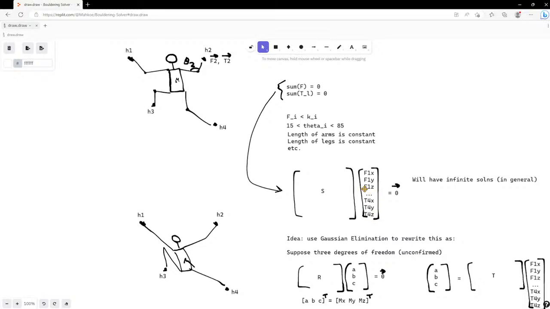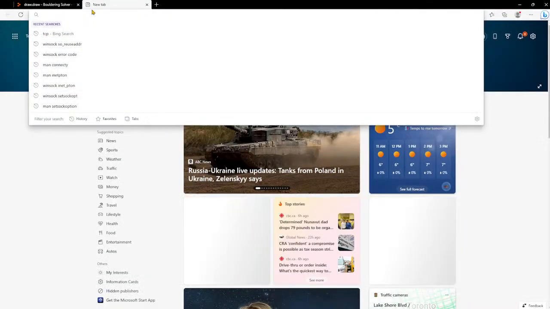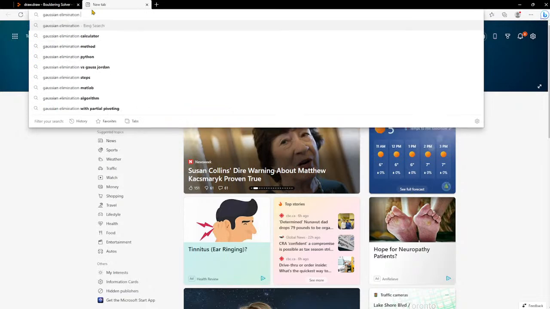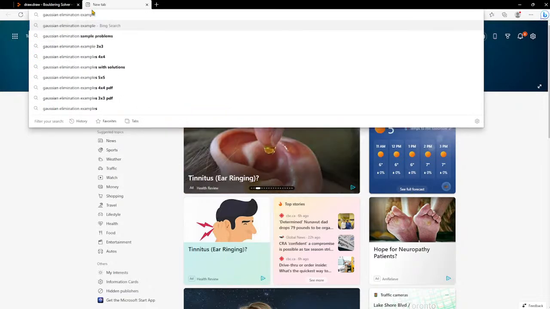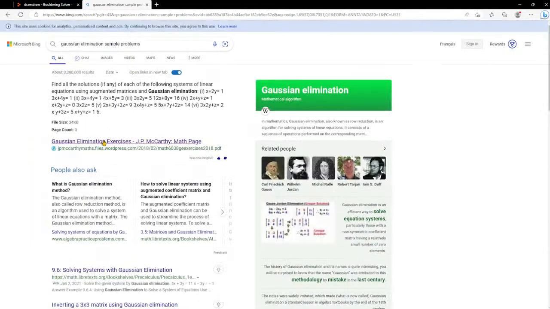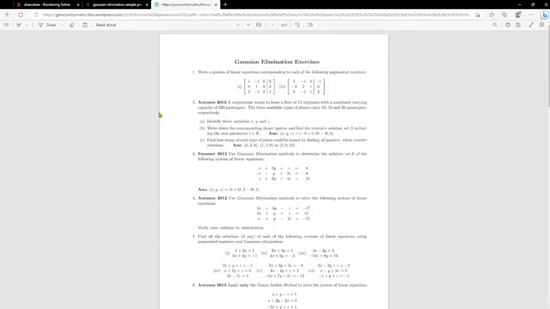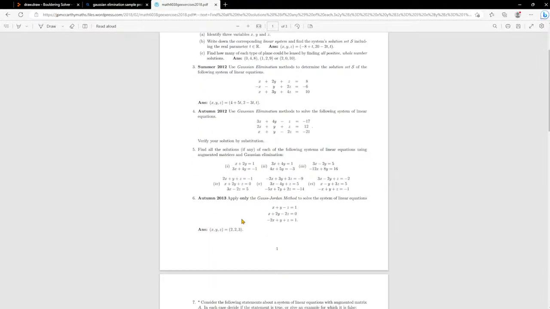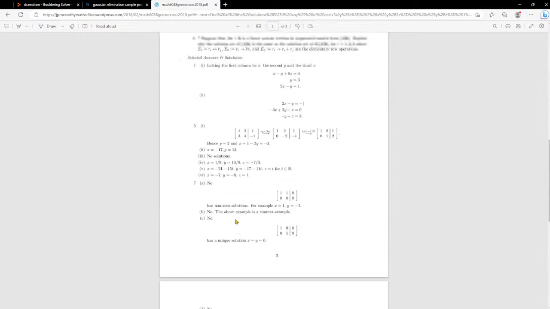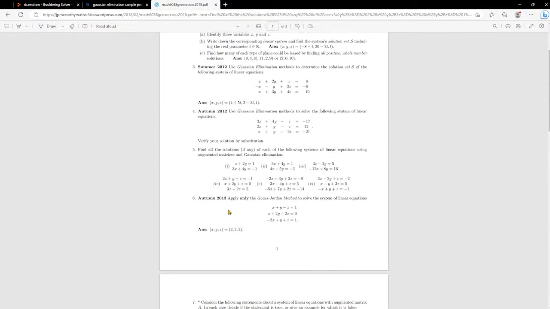Man. Okay. I think what I need is to do an example of Gaussian elimination. Sample problems. Sure. Fine. And I need one that has infinite solutions. I just need to remember how this works.